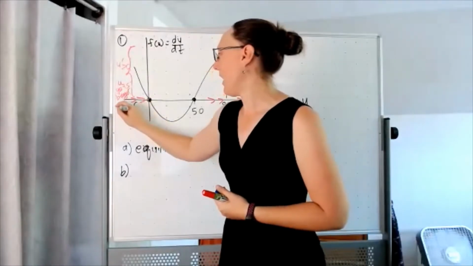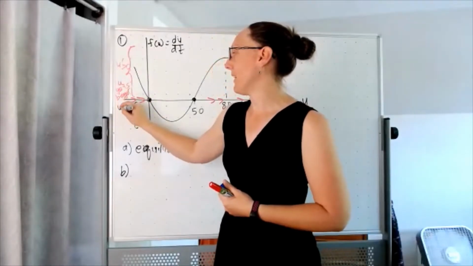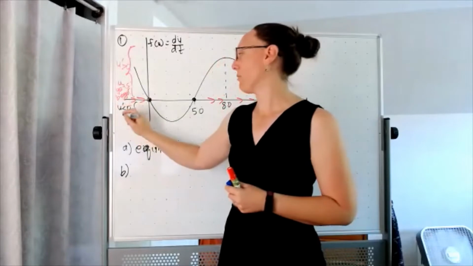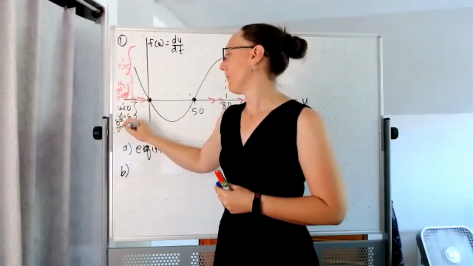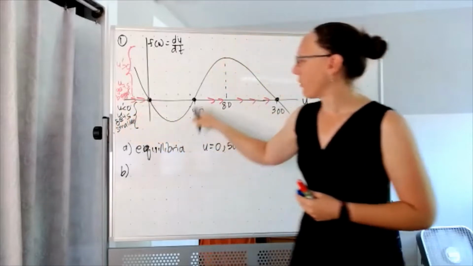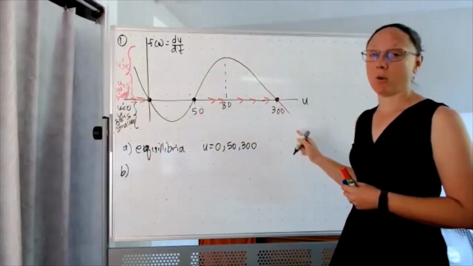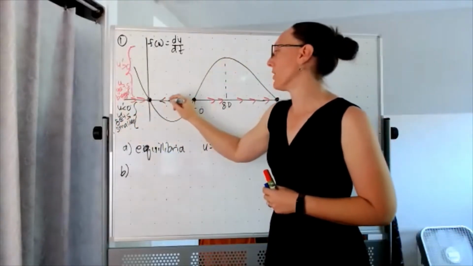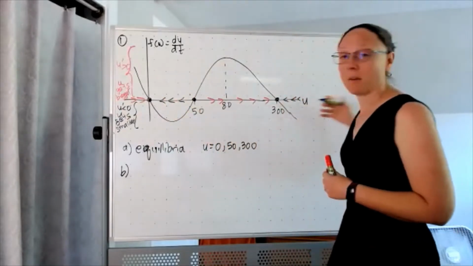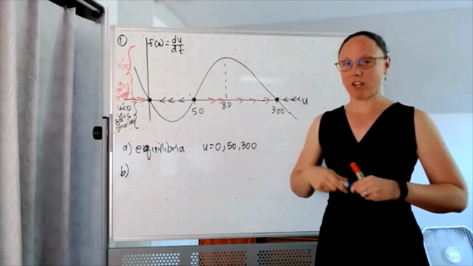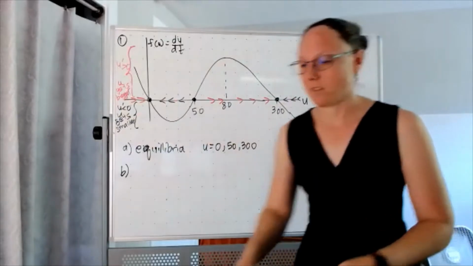Down here, I know that my u prime is less than 0, or it's negative, which means u gets smaller. So everywhere that the curve appears below the axis, my arrow should be pointed to the left, forcing the population to move in the direction of smaller u values.